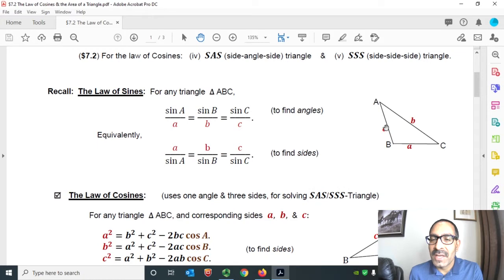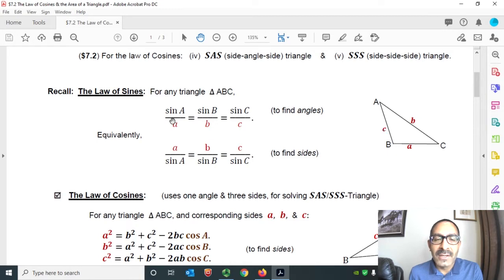Next, quick recall the law of sines for any triangle ABC. Here is a triangle ABC. The side opposite to angle A is denoted by lowercase a. The side opposite to angle B is denoted by lowercase b. And the side opposite to angle C is denoted by lowercase c.